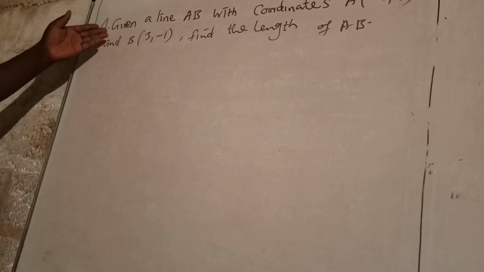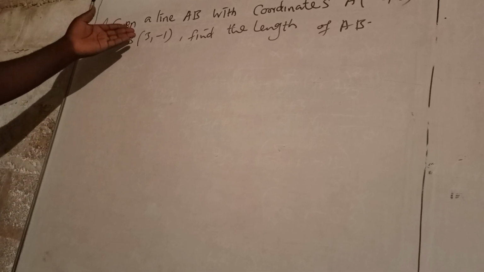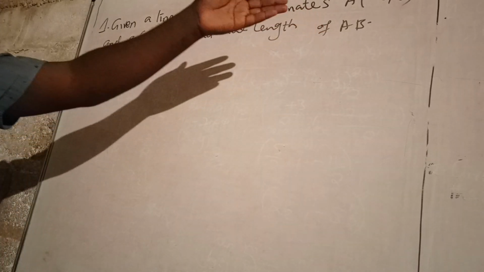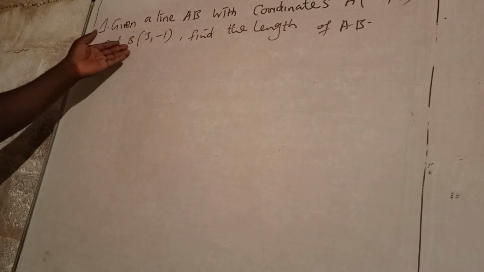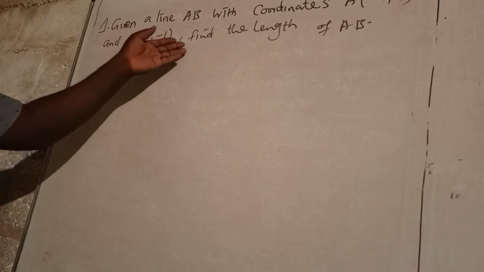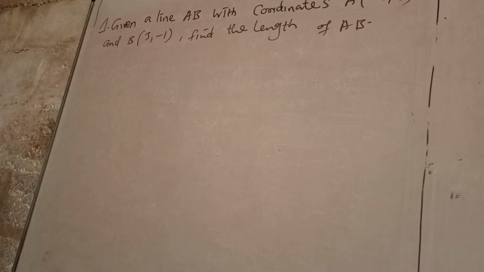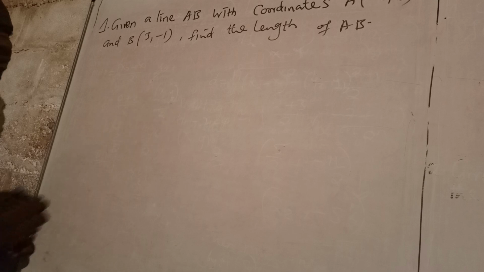So example number 1: given a line AB with the coordinates A (-6, 8) and B (3, -1), find the length of AB. So it means the length is the same as distance.